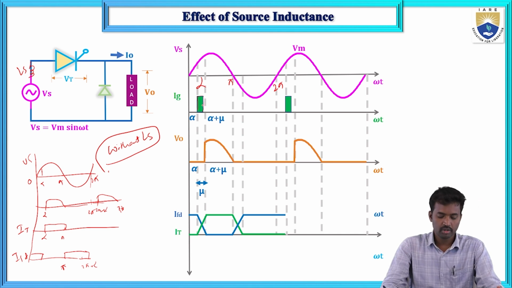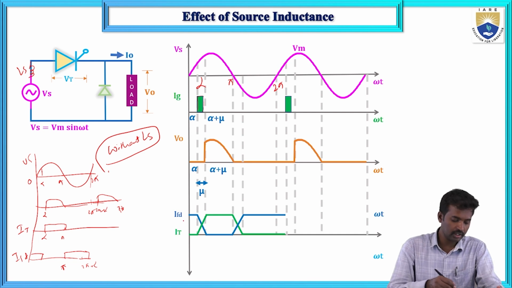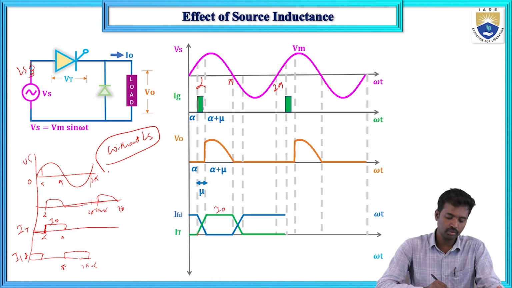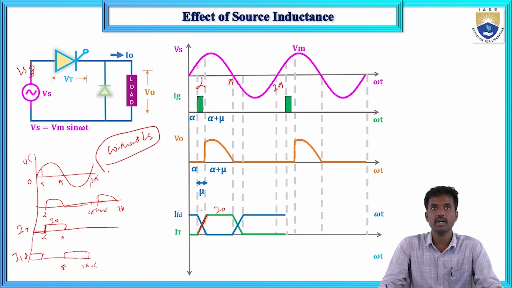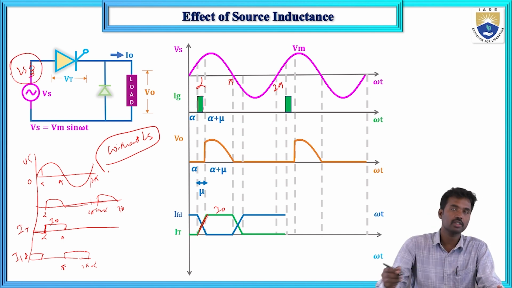The thyristor will not conduct directly, so the thyristor current will not jump from 0 to I naught. It will take some time to reach I naught. The thyristor current increases linearly with some slope, just because of this source inductance.